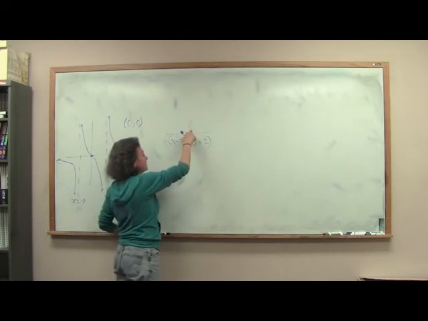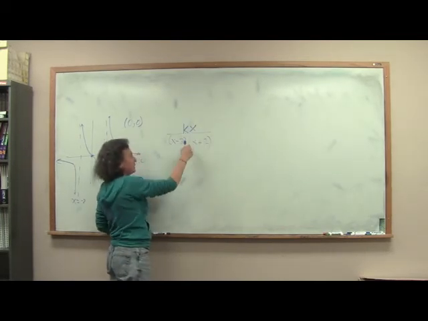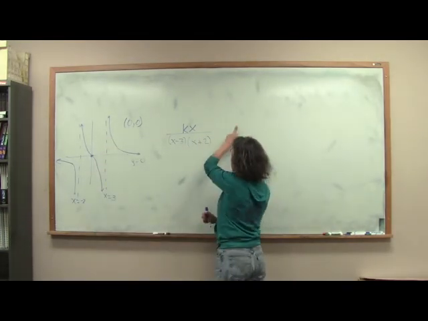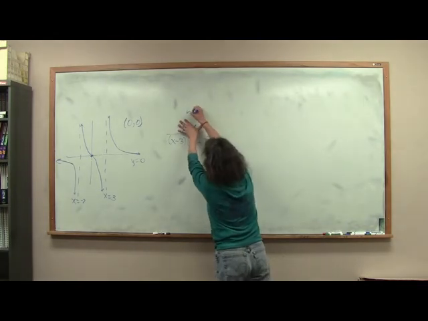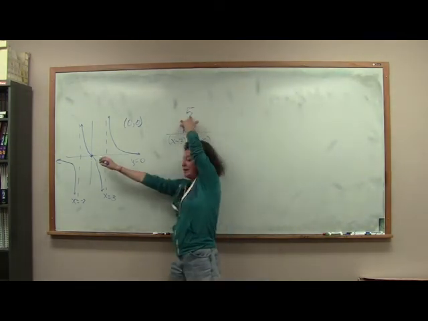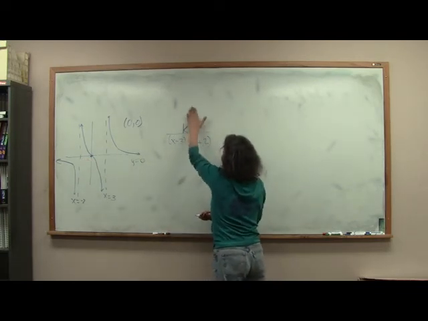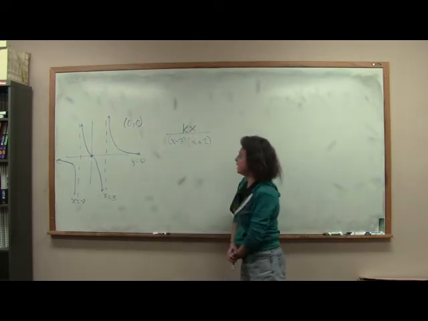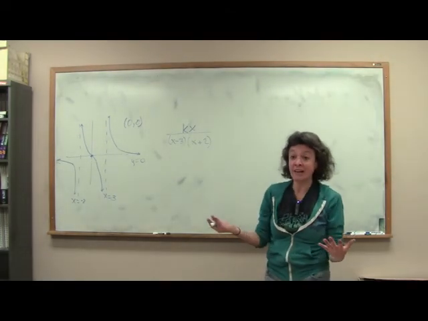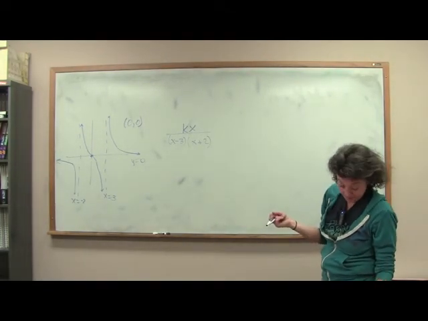So that tells me that I've got to have an x in my numerator, right? I can't have a constant just like 5. Why? Because then this thing would never be equal to 0. So I know that I'm going to have some number times x in my numerator. Otherwise, I wouldn't have that as an x-intercept.